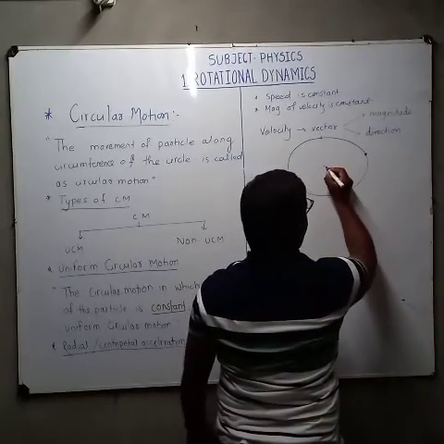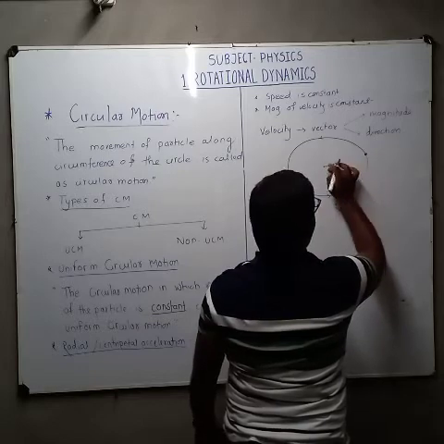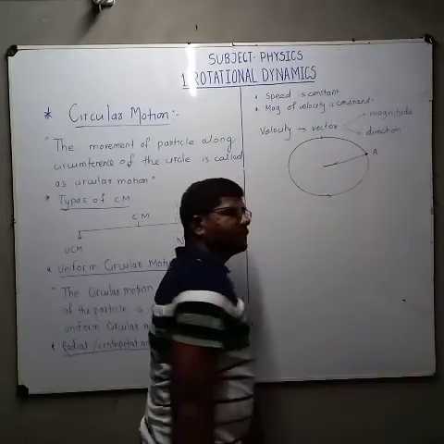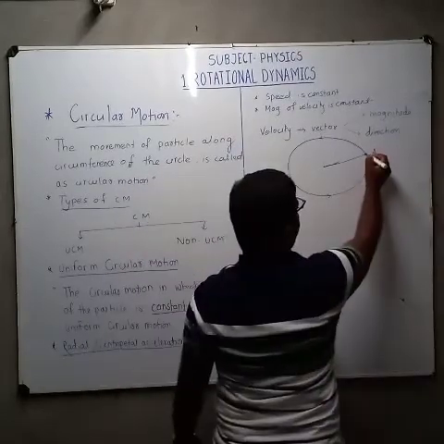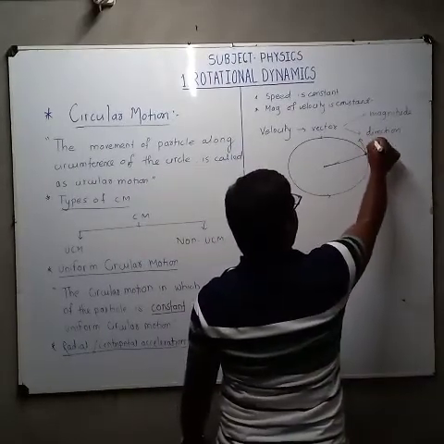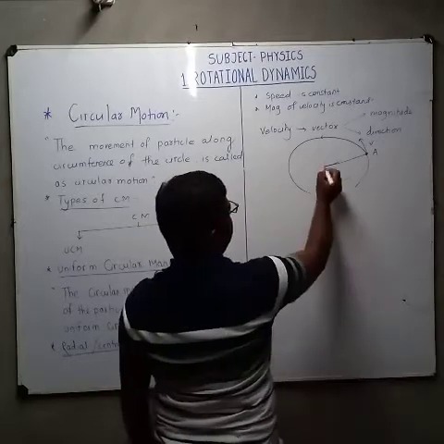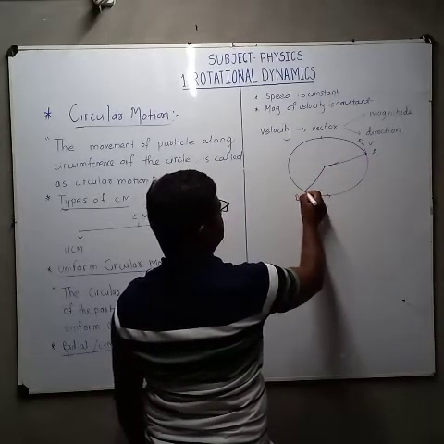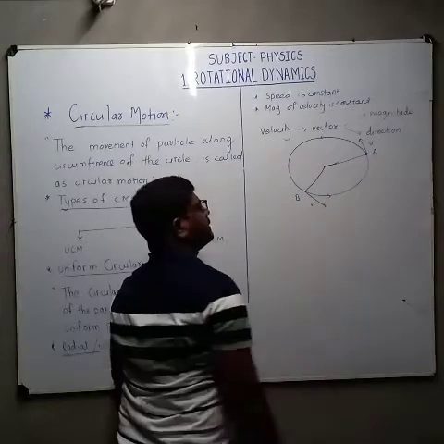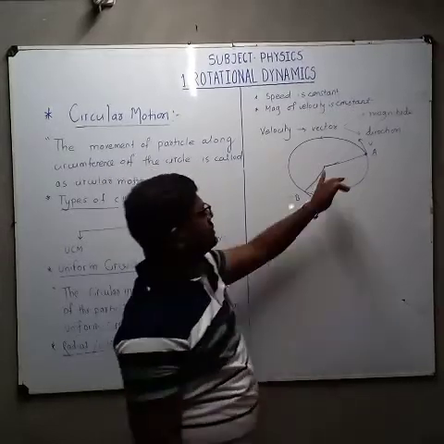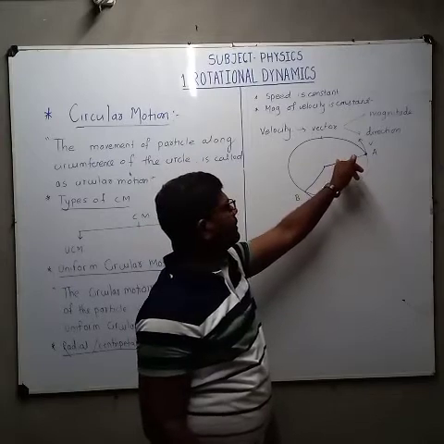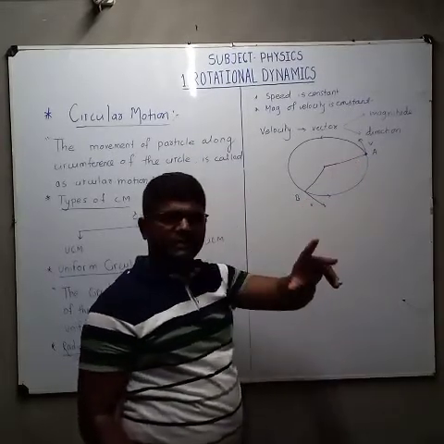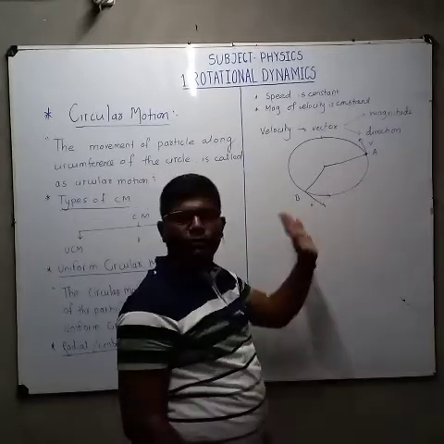Now suppose when the particle is at point A, the direction of velocity is like that. When the same particle reaches point B, the direction of velocity is like that. That means as the position of the particle performing UCM changes, the direction of velocity also changes.